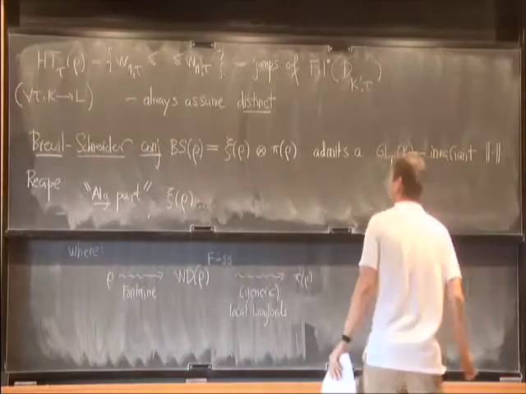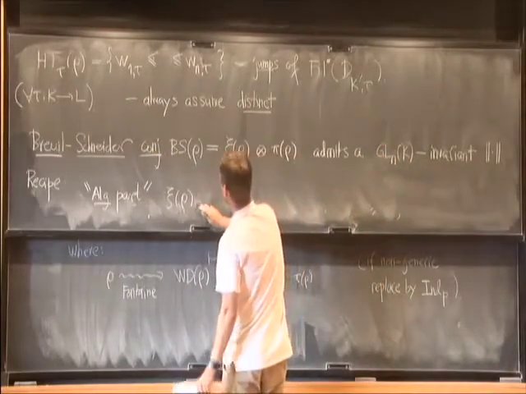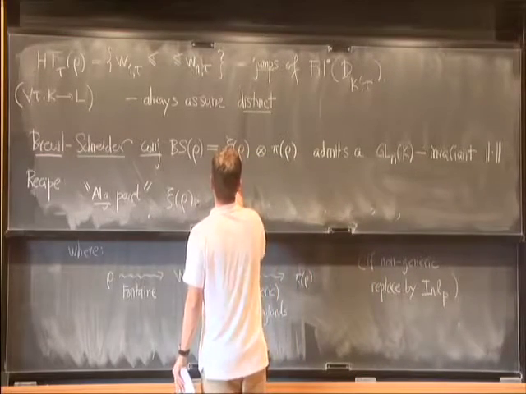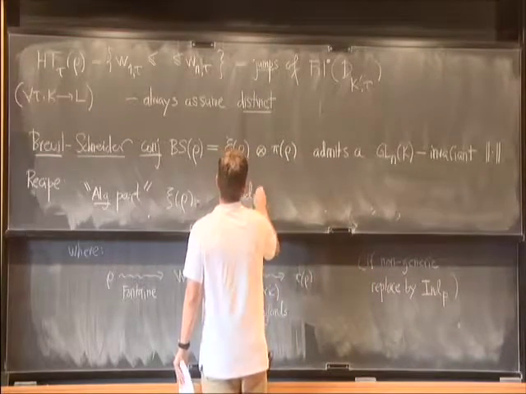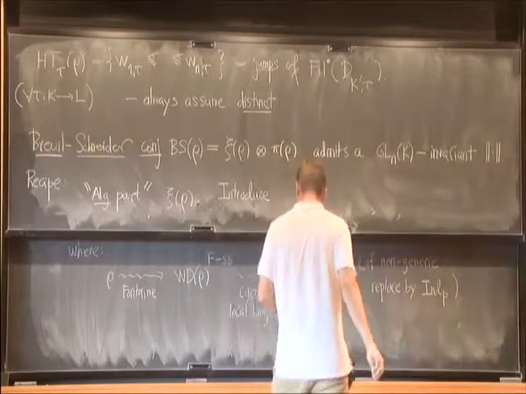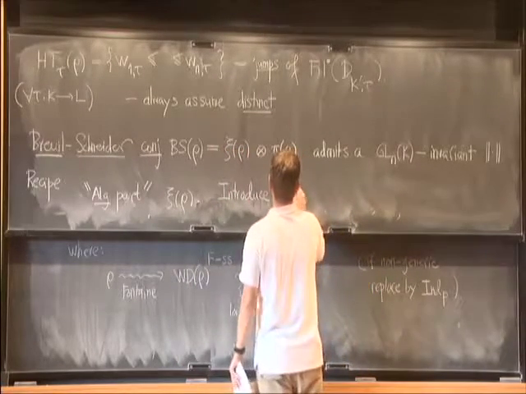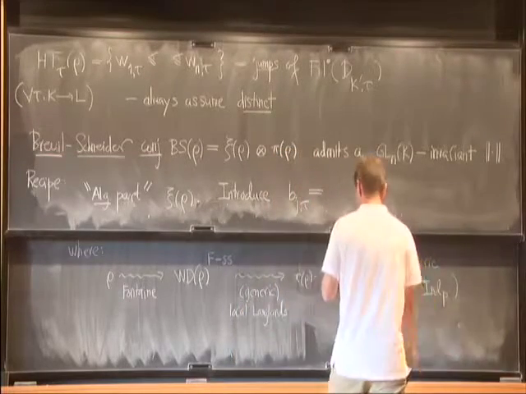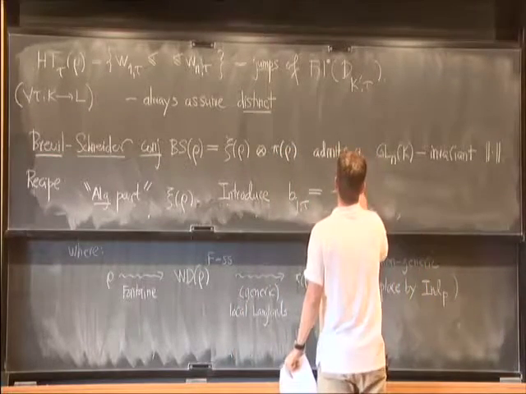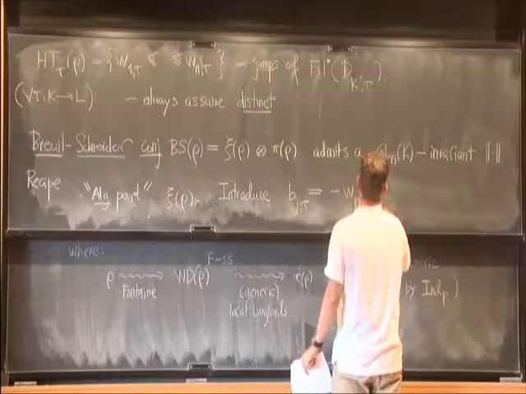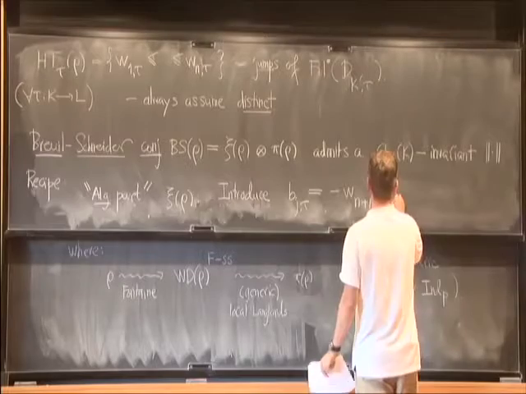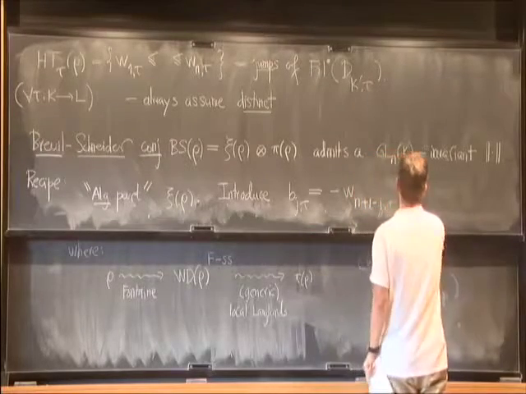The normalization is a little bit off, so let me be careful. So you introduce numbers b_j,tau. This is defined to be w_{n+1-j,tau} minus j plus 1.